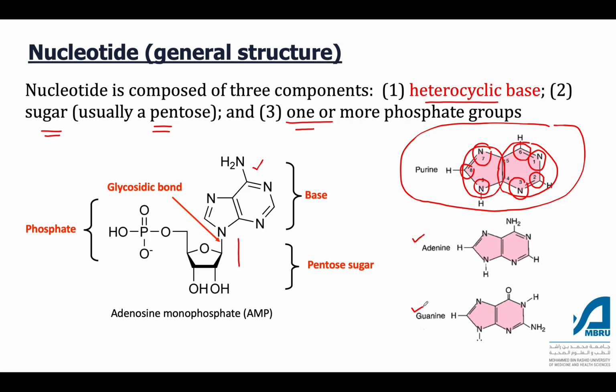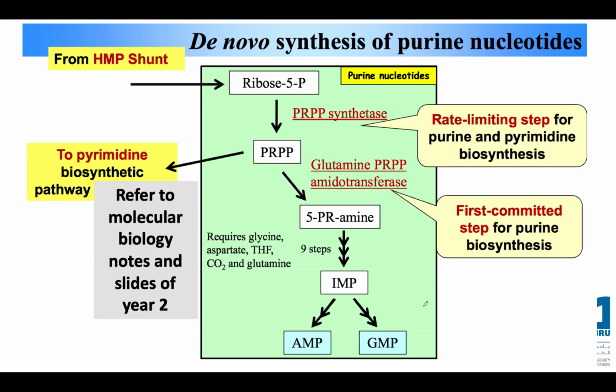So this slide actually recaps what is a nucleotide, the structure of a purine base, and also identifies the different compounds from which the different atoms in a purine base are derived. So let us move on.